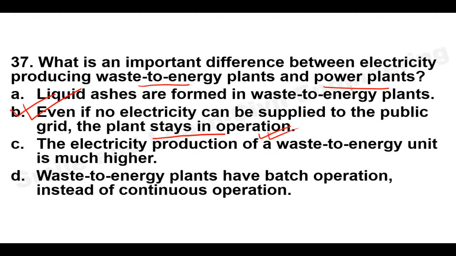But a power plant, if there is no electricity consumption, then there is no generation, because no one will incur loss. But here no loss is there, because the waste is getting decomposed, waste is getting changed to energy. This is why the plant stays in operation. Option B is the correct answer.